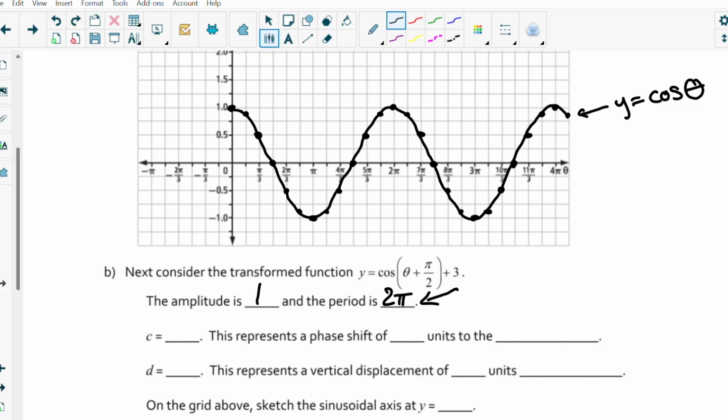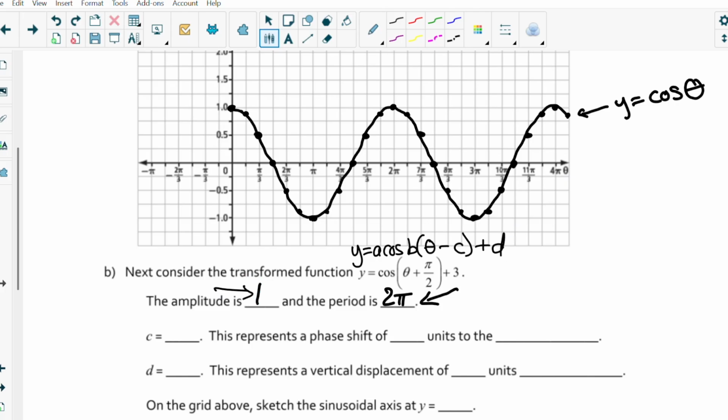What's the c value? The c value, remember, this is of the form y equals, let me write it on top. y equals a cosine of b times theta minus c plus d.